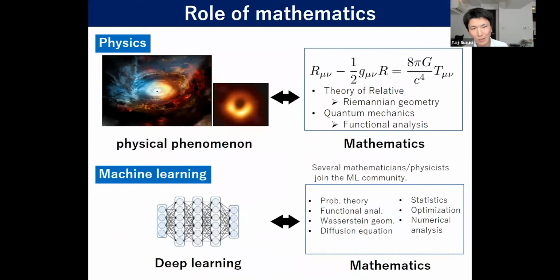The situation is very similar to today's situation. The relation between deep learning and mathematics is very much like that between physics and mathematics, for example, 100 years ago. About 100 years ago, we observed many experimental results in physics that could not be explained by classic physical theories, for example, Newton mechanics.